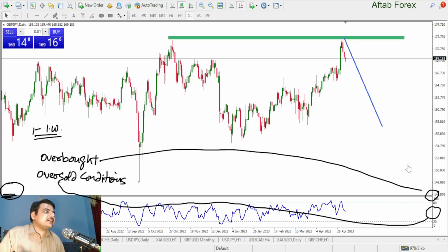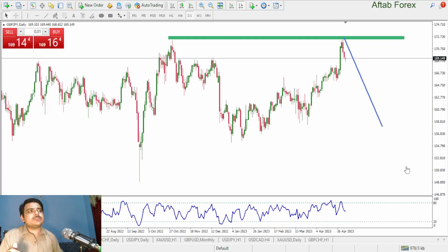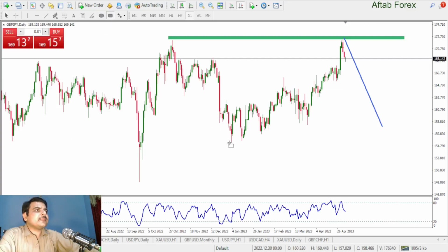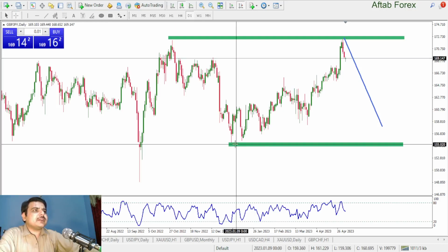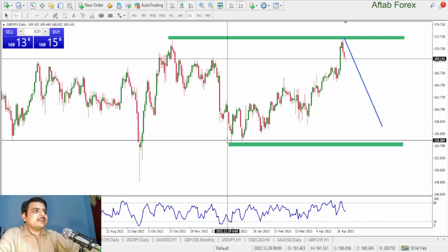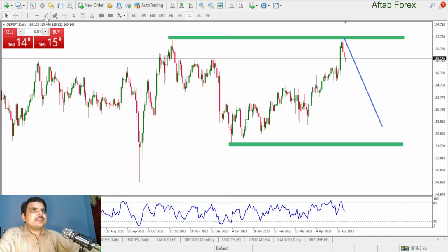Now let's find these overbought and oversold conditions on the chart. First of all, let me highlight the area. At this particular zone right here, RSI was oversold.